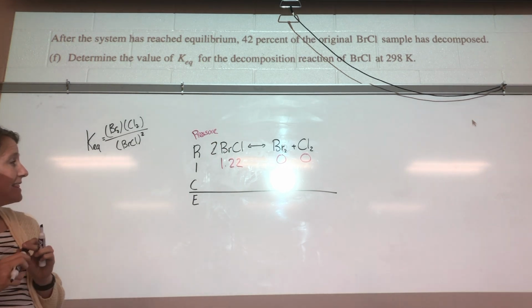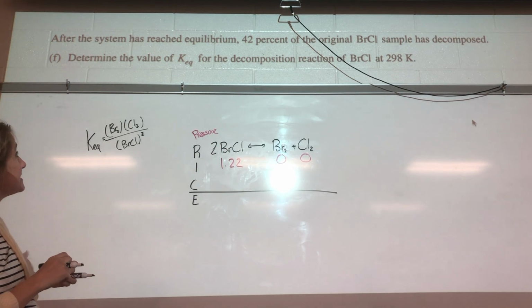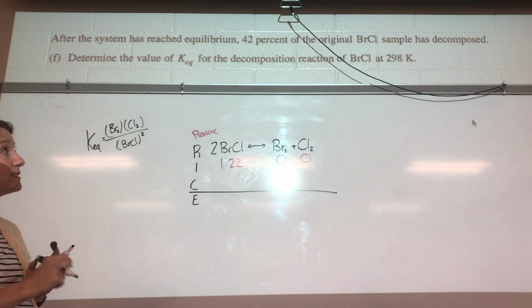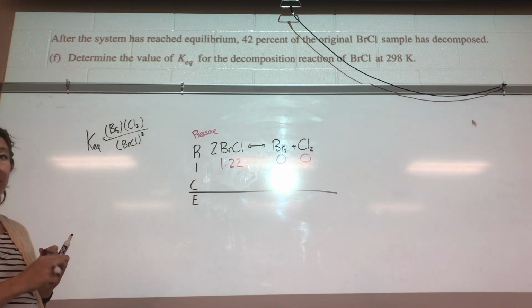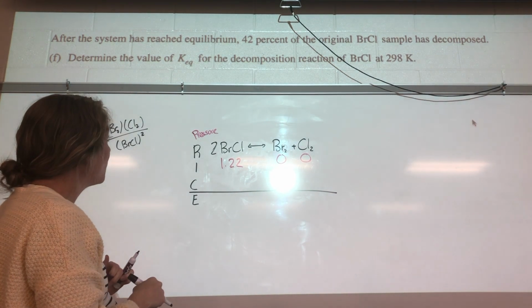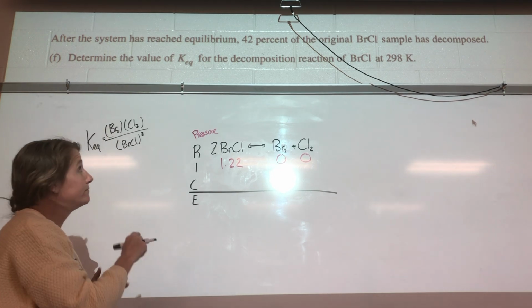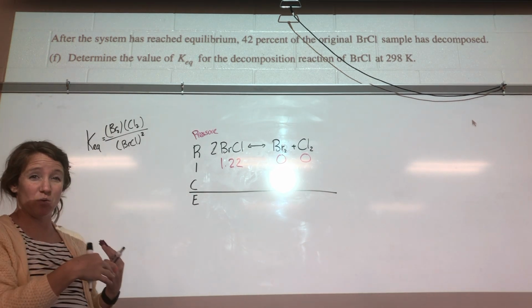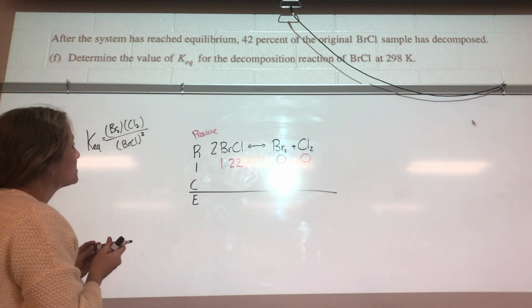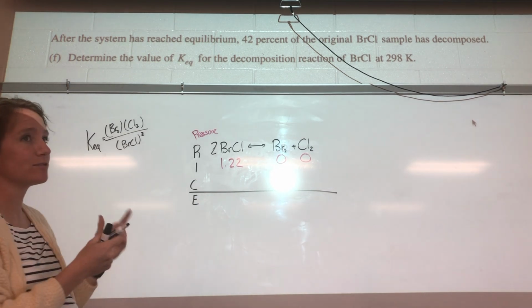Then the way I would think about it is they're telling me that 42% of the original BrCl sample has decomposed. So if I know how much of it is going away, or in a sense how much is left, 42% of the original has decomposed.